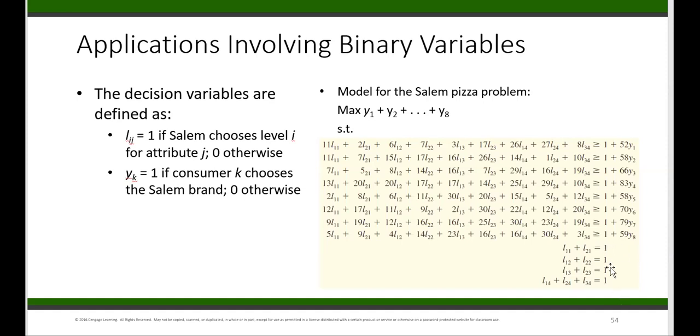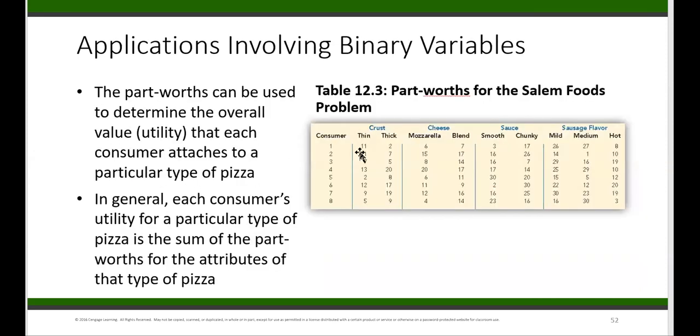First of all, let me explain this. You won't be able to have a pizza that has both mozzarella cheese and plain cheese. By definition here, you want to pick only one level for each attribute. So you can't have both smooth and chunky sauce, but you definitely have to have one of them. So out of thin and thick crust, you're going to pick one. So L11 plus L12, thin and thick, is going to be 1.